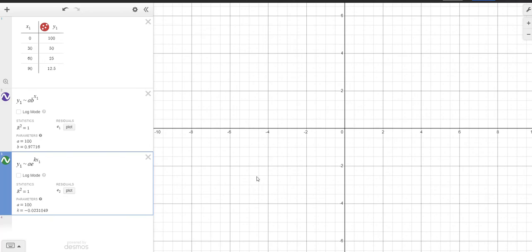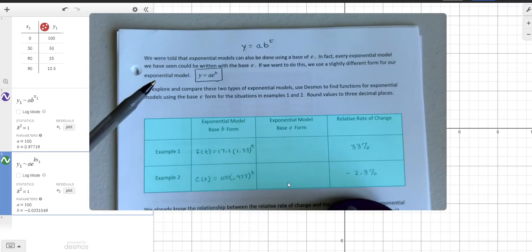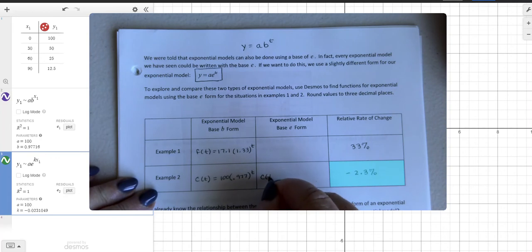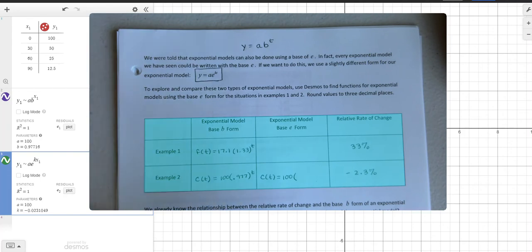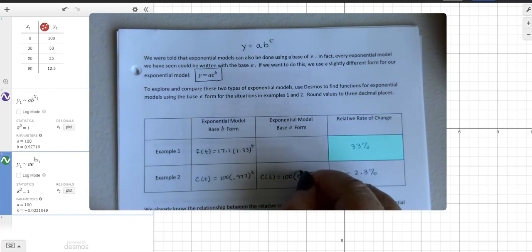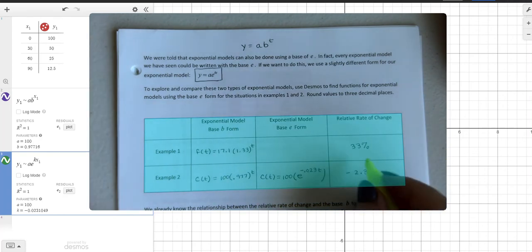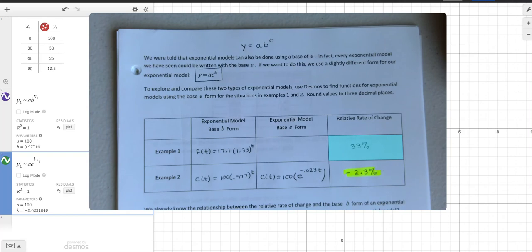So if I wanted to write down the model here, this was example 2, a was still 100, and that was times e to the negative 0.023t. So instead of doing a base in that form, I'm using the base of e. What I want you to particularly notice here is how that rate of change happens.